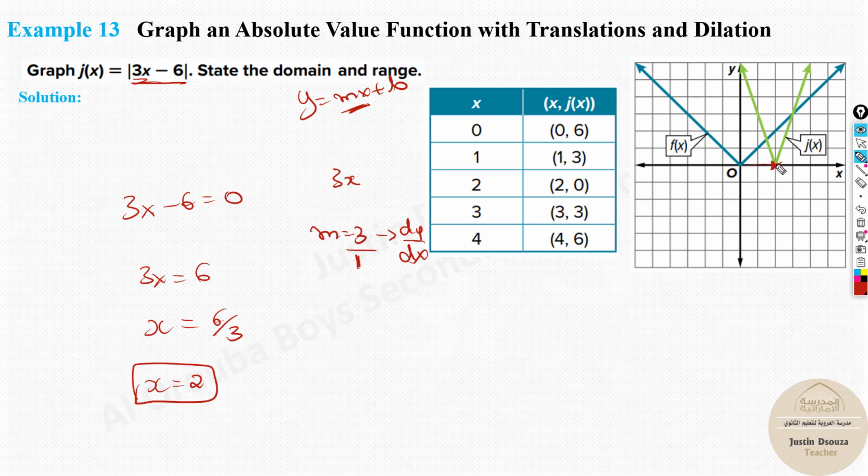From here, I will take 1 unit to the right, x value, 1 unit right or left, doesn't matter, it's the same. And 3 units up only, both the sides should be up. 1, 2, 3, this is the point. Or it's this one, 1, 2, 3, okay? This is the point. And just join those points to that particular point. So here and here, 2 lines, 1 line, 1 line. So this is how we can easily graph it, okay?